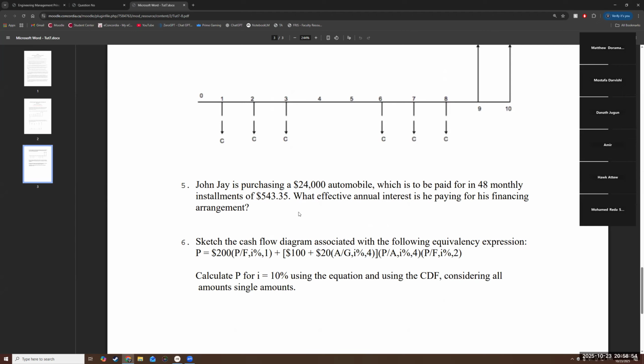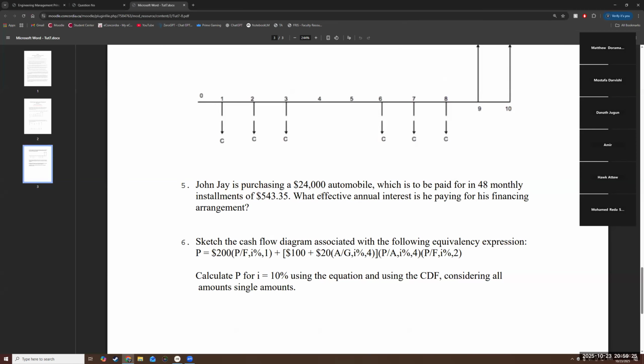What effective annual interest rate is he paying for his financing arrangement? So usually this is normal, like you find the interest rate. But now it's taking it another step and find what is the effective annual interest rate. So let's just find the interest rate and then worry about finding the effective interest rate later.